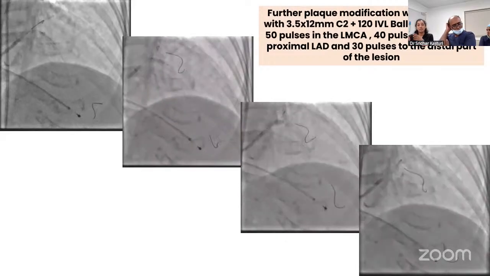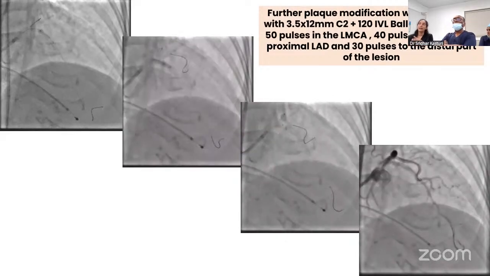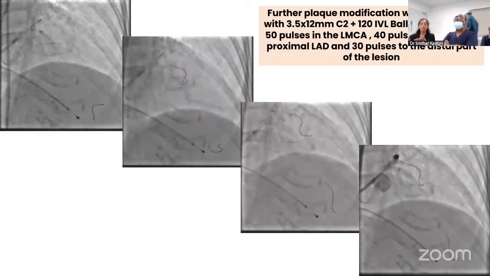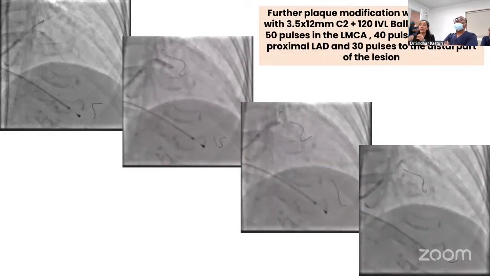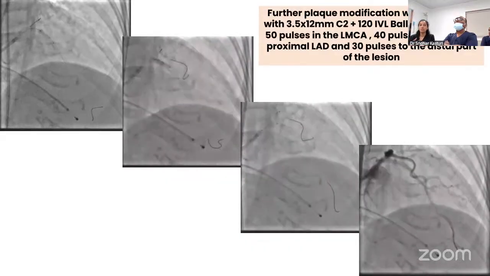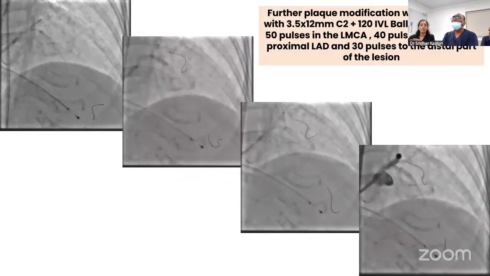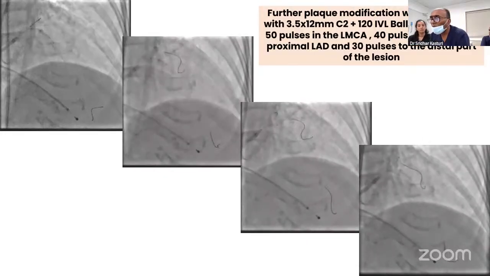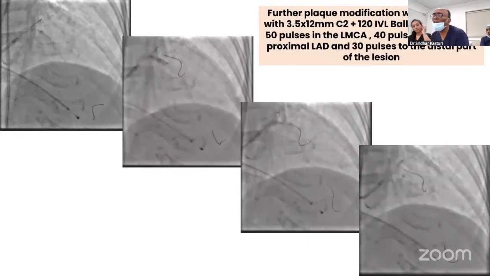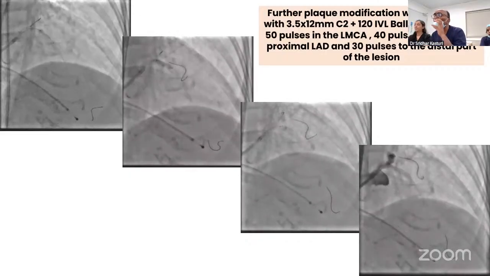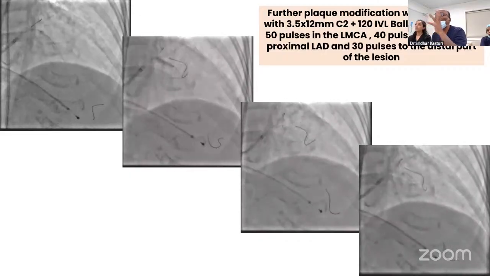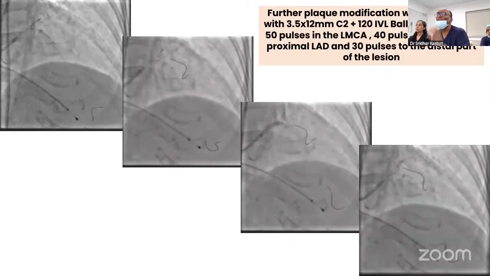So that way it's a little safer when there is a calcific nodule, and it will definitely help us ablate when it is not modified adequately with other forms. And if the balloon is crossable, of course, we would definitely prefer an IVL in case of calcific nodule. IVL generates at least 40 to 50 atmospheres. So high pressure. Because of these sonic waves, it causes fracture of the calcium.